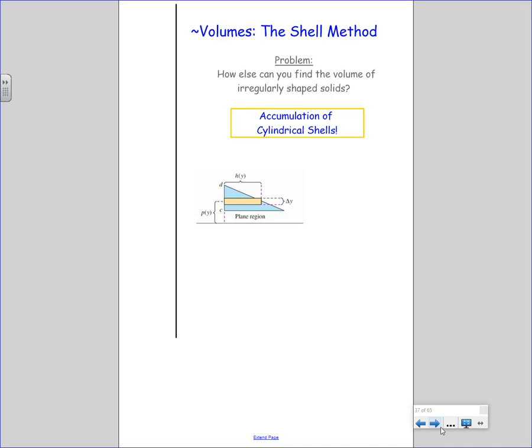Volumes, the shell method. Long story short, we have a region. Long story short, we are rotating around something. Long story short, we're not doing discs or washers. Instead, what we are accumulating are cylindrical shells.